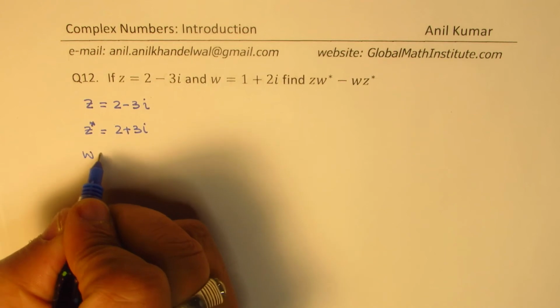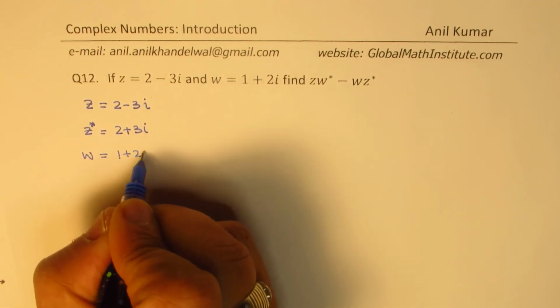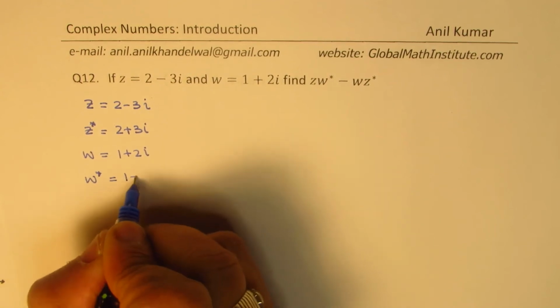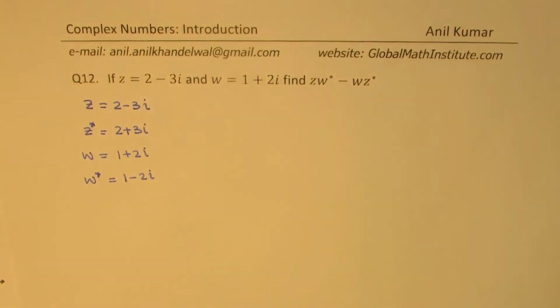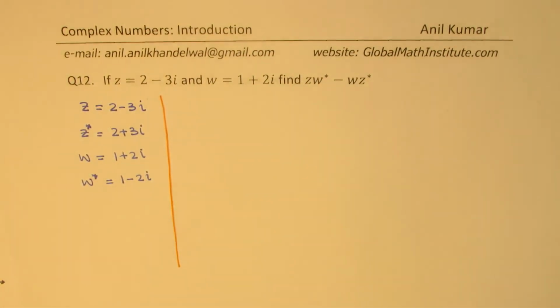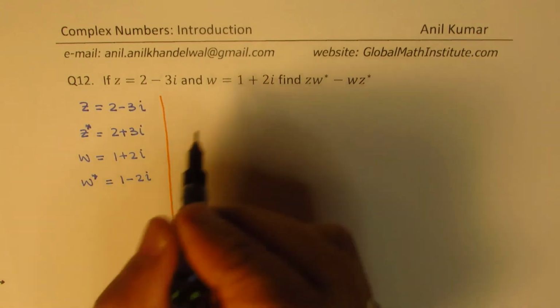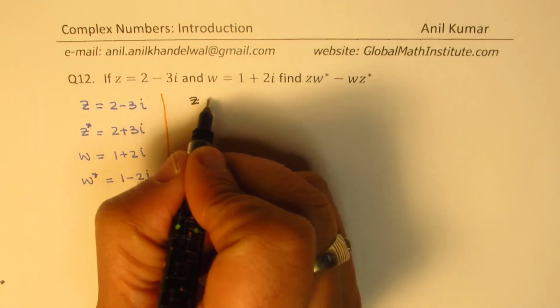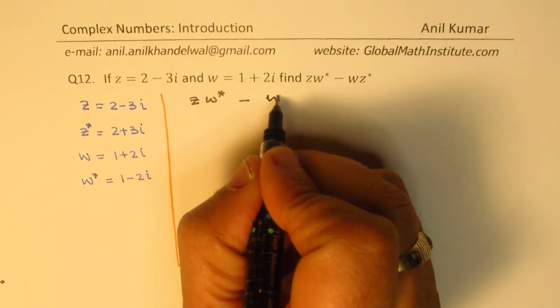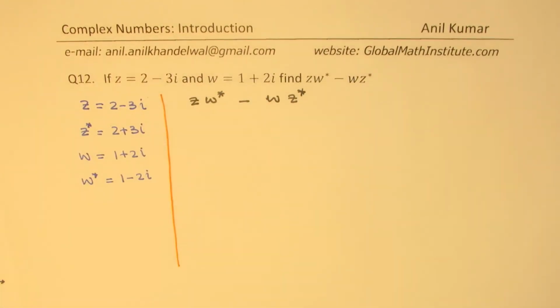We are given w as 1 plus 2i, and the conjugate of w is 1 minus 2i. We need to find the product z w-conjugate minus w z-conjugate.